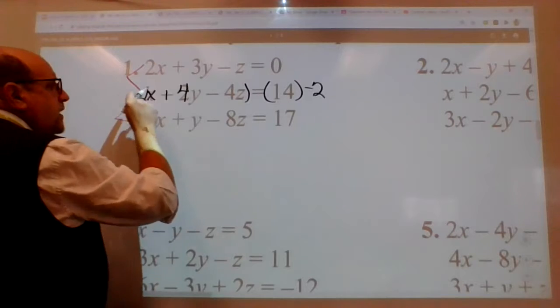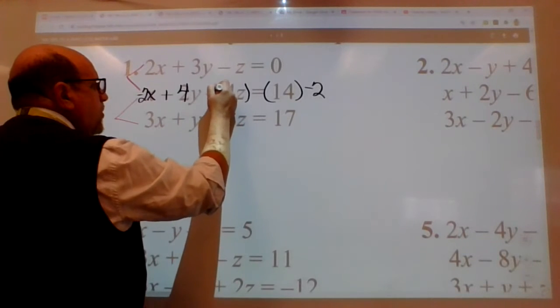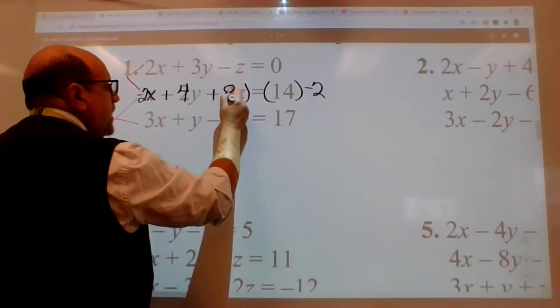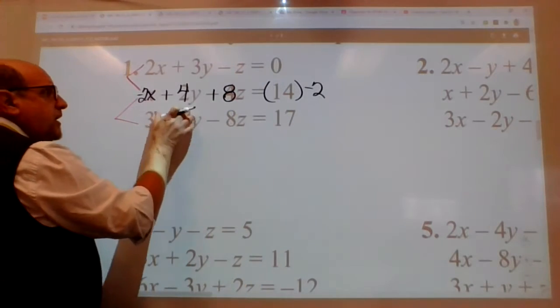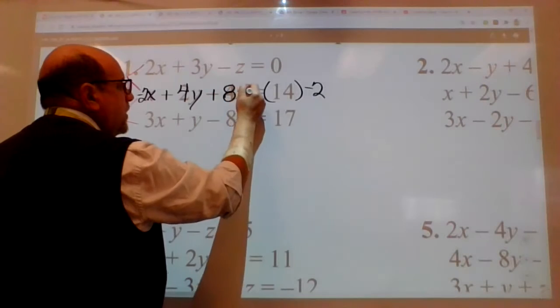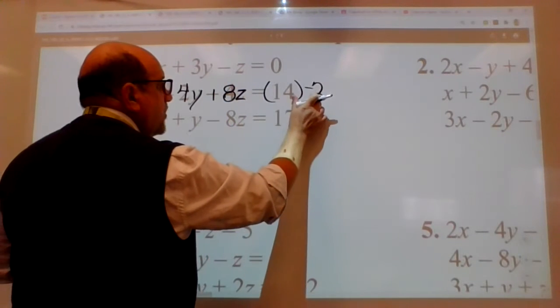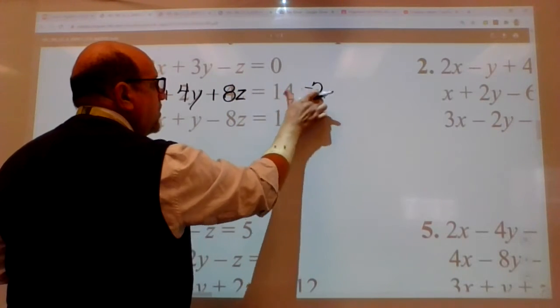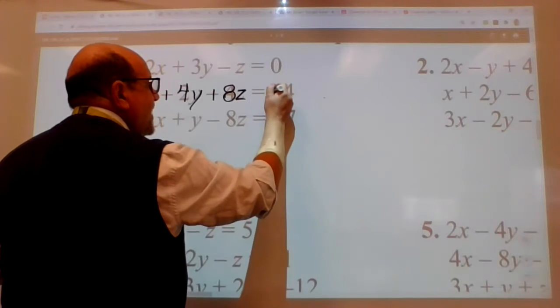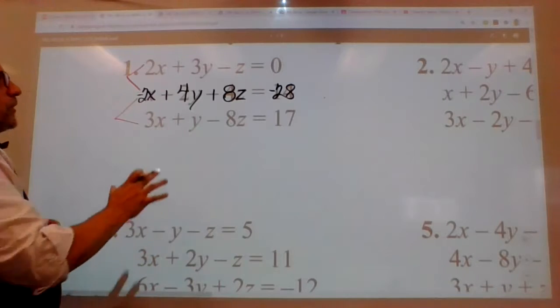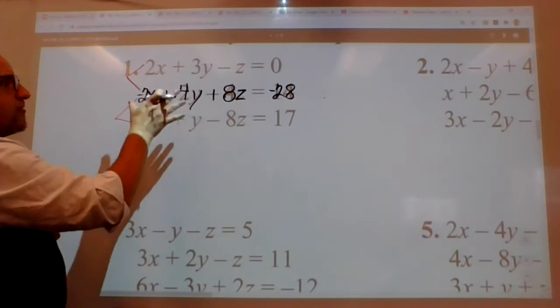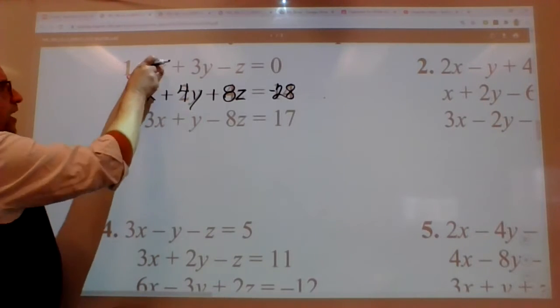And then negative 2 times negative 4 is positive 8z. Okay? If I did it on this side, I have to do it on the other side. So 14 times negative 2 is negative 28.